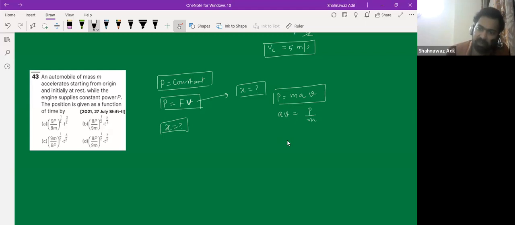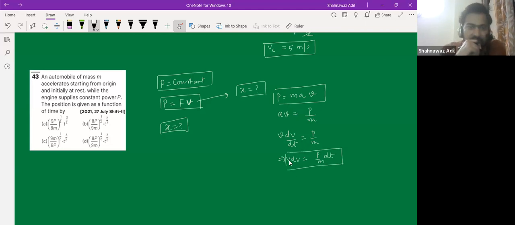A is dV by dt. So this is P by M. So V dV is P by M and dt, right? So this thing you have to find out. You can calculate V, and using that V, you can also calculate the X. So please do that and tell me what answer you are getting.